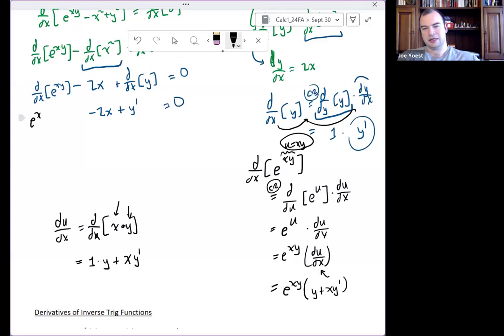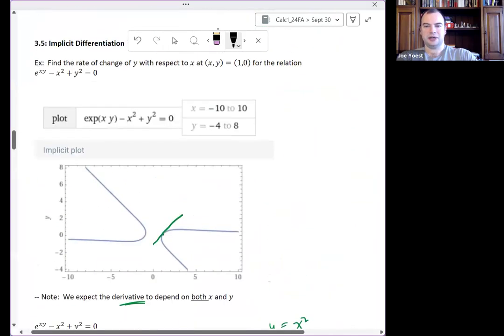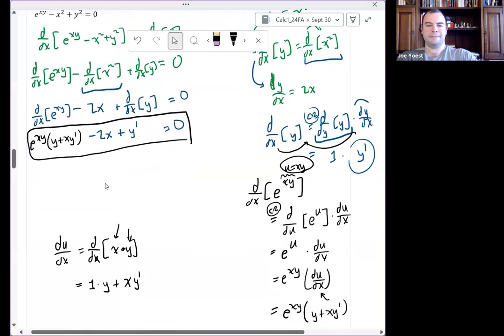We end up with e to the xy times y plus xy prime. So we have kind of another relation that now involves y prime. And I could do a couple things here. I could just plug in x equals 1, y equals 0 and see what I get.